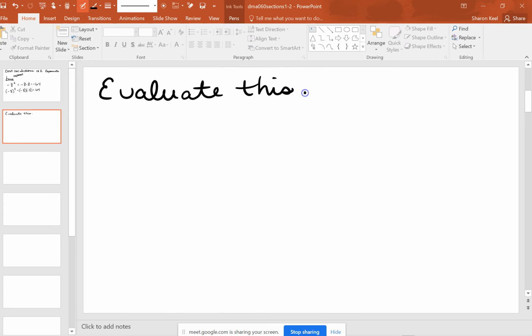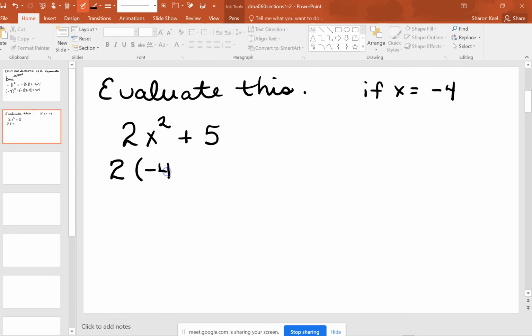So if I give you, let's say, 2x squared plus 5, and I tell you x is equal to -4, if I'm going to do this problem, that would mean I have 2, and I'm going to put the -4 in a parenthesis because the entire x is the number -4, so the negative sign included is going to be squared, plus 5.